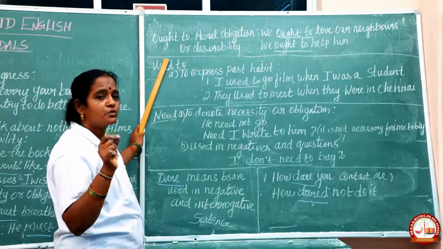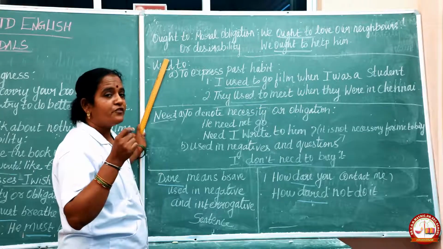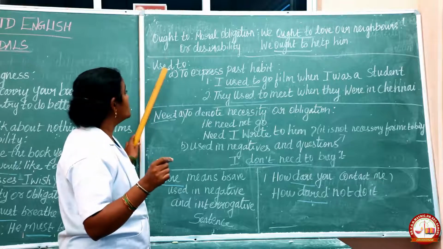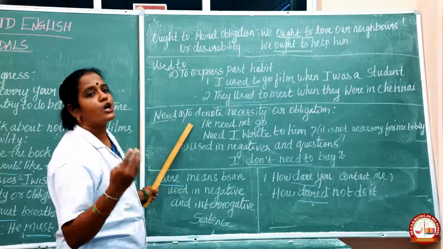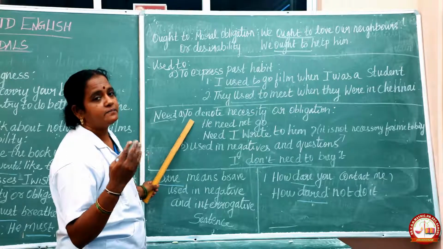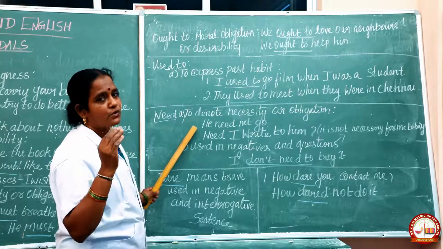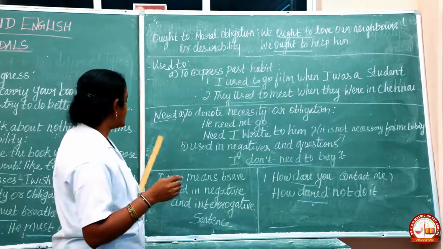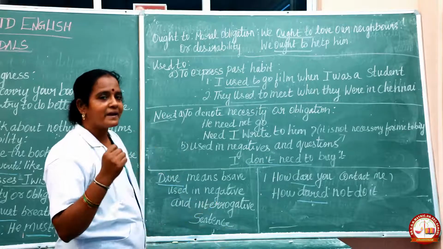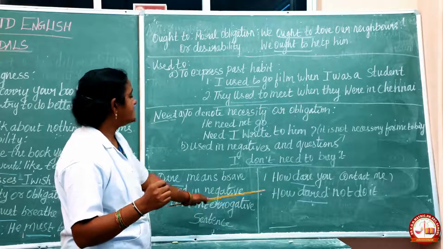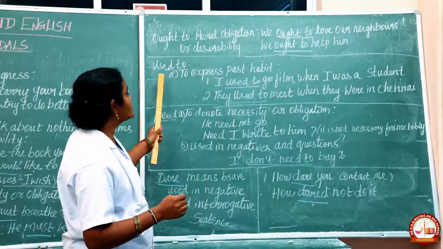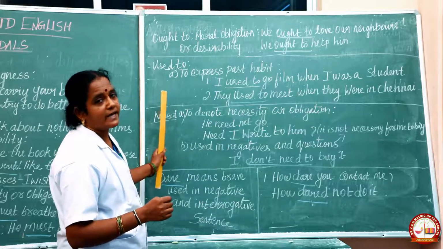If it is any past habit, you have to use used to. If it is any necessity or obligation in quasi or semi modal, you have to use need. And if it is any dare act, that means brave act, you have to use dare only. These are the four semi or quasi modals.